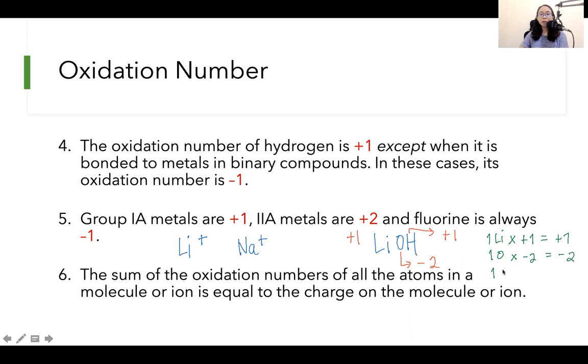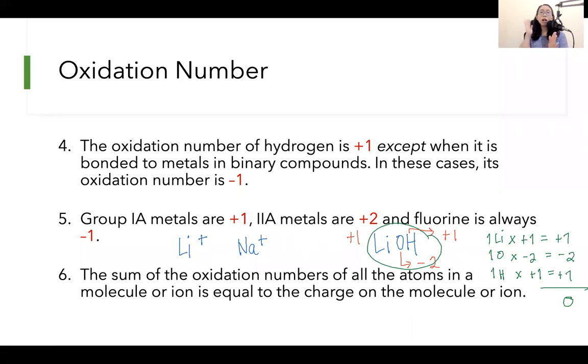And I have one hydrogen which has an oxidation number of positive 1. 1 times 1, that's also 1. And if you add everything, the net oxidation number is 0. And what is the charge of this molecule? 0.